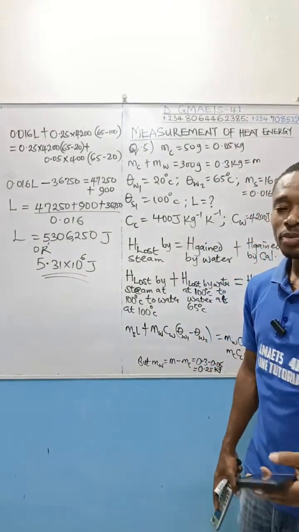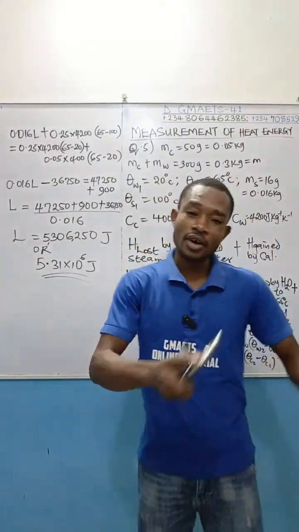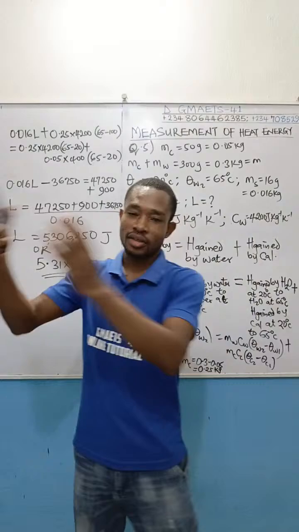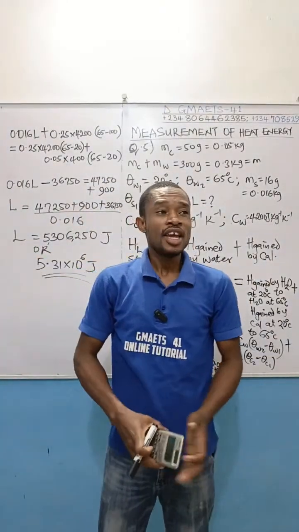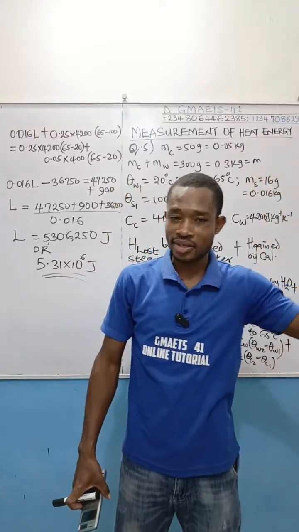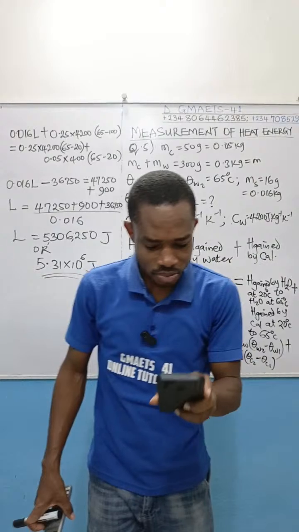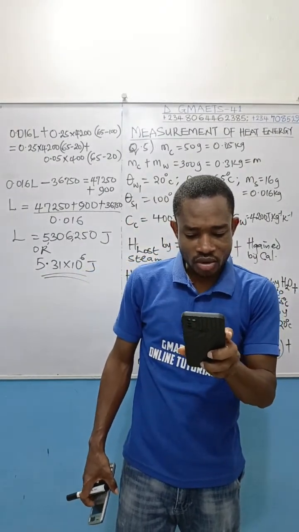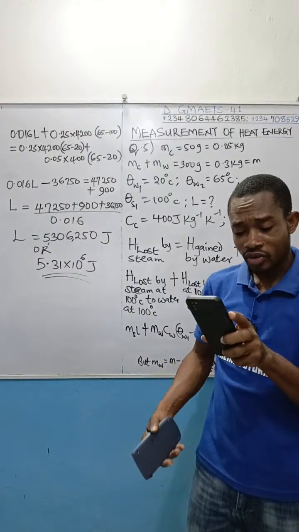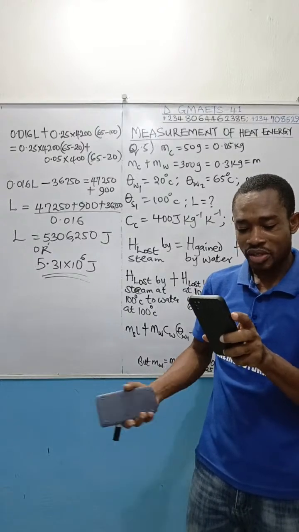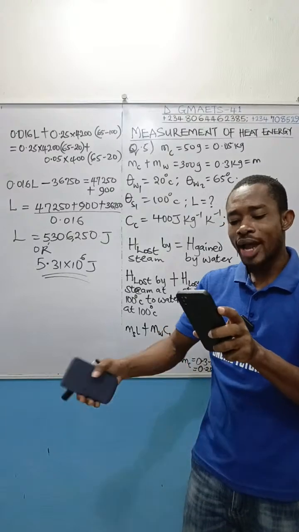So you can attempt this, but take note, this is not in terms of steam anymore. This one is in terms of ice melting. But the interpretation follows the reverse of what I said. If you have dry ice, that ice will melt from whatever temperature it was, as mentioned in the question. Water at 35, 20 grams of dry ice is added, and this reduces the temperature to 25 degrees centigrade after all the ice has melted.